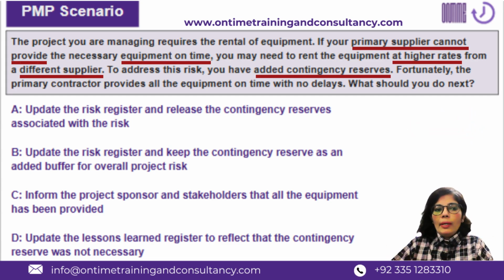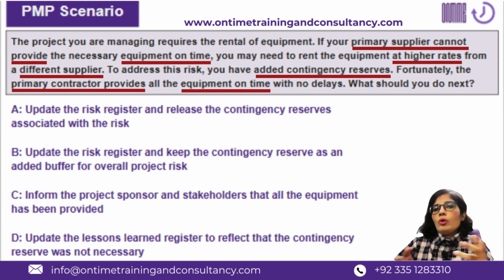So your primary contractor was able to provide all the equipment on time with no delays, right? So the situation is not going to occur now, which means that the risk is not active anymore, or it's going to retire. Now the question is asking, in this scenario, what would you do as the very next thing?